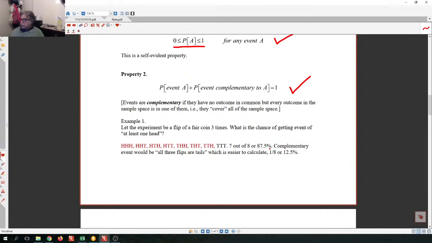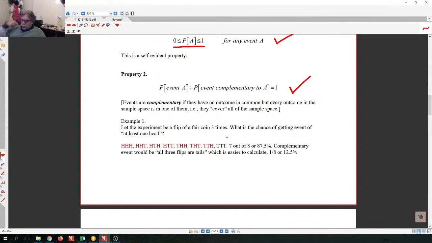If you divide 7 by 8, you're going to get 0.875. And it's easier to calculate the probability that you're not going to have any head, because you have only tail, tail, tail, and that would be 1 out of 8, and that's 12.5%. So if you calculate that first, then the other one must be 87.5%, because that is 100 when you add.